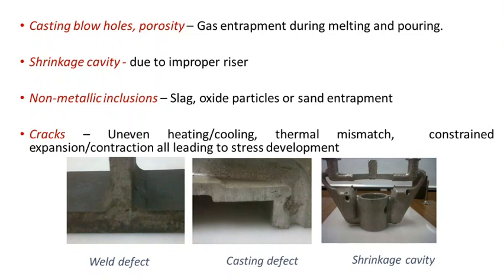The second classification is the linear defect, also called dislocation or line defect, which is the one-dimensional defect. The third classification is the two-dimensional defect, also called surface defect. And the fourth classification is the three-dimensional defect, or the bulk defect, or the volume defect.